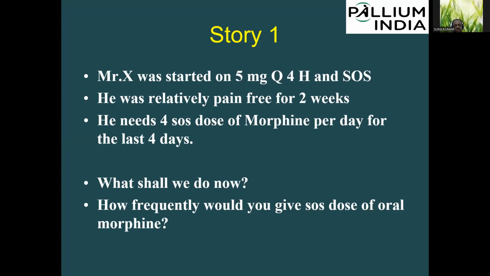What shall we do now? And how frequently would you give an SOS dose of oral morphine? So what should be the minimum time interval between 2 morphine SOS doses? That's the second question. Do we need to do anything if the patient is taking 4 SOS doses?